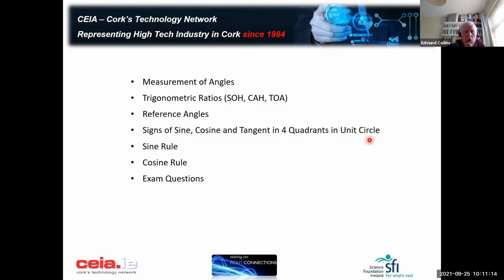This is particularly important that you understand, as you move around the unit circle, how the sine, cosine, and tangent change. The sine rule and cosine rule come up quite a bit in problem solving. You'll see some examples later on of where they come in, and then we'll do some exam questions. Hopefully we'll have time to get through a few of them.